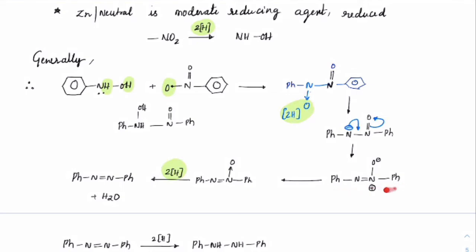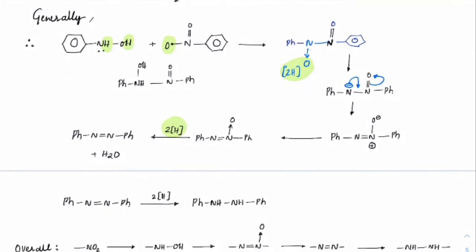This N plus and O minus can be represented in this form, and this form is what we call azobenzene, with oxygen present on it. So oxyazobenzene.